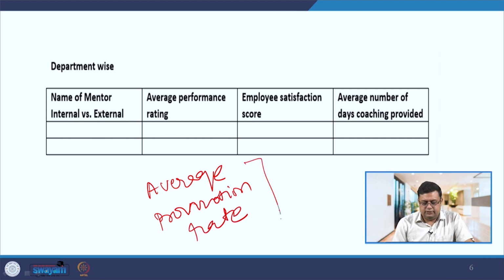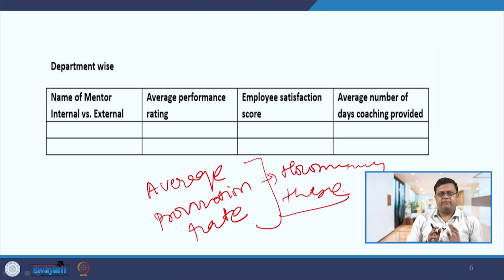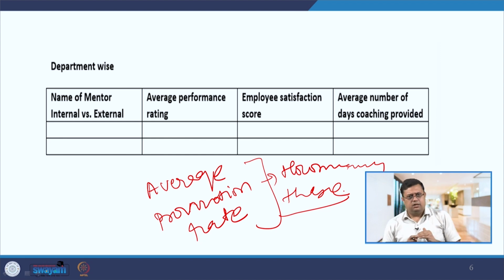Basically I am asking how much time, or how many years, employees take to go from one level to another. For example, if 5 employees are there and each has been promoted from one level to another the moment their developmental activity is over, you can compare that from one coach to another coach.